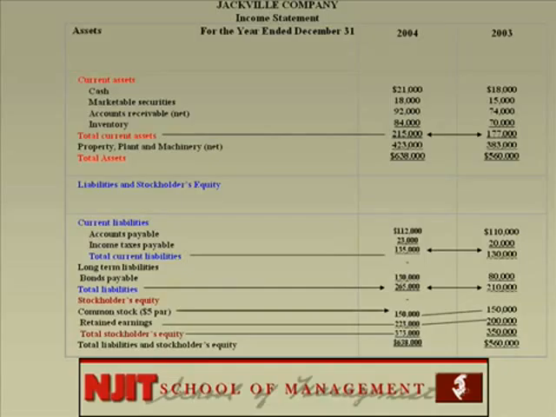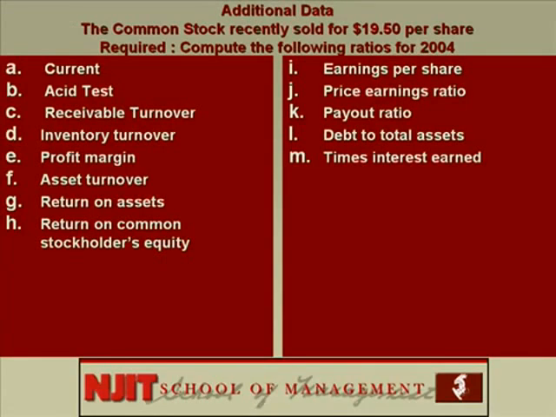I want you to print this out. And when you're done, I want you to look at these questions. There you go. I want you to compute the following ratios for 2004.